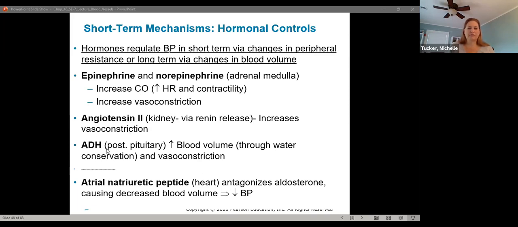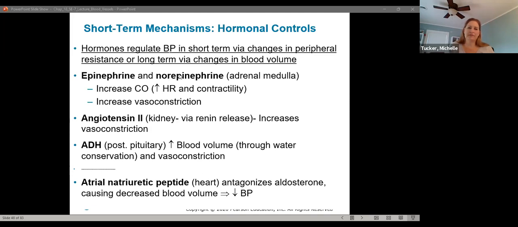ADH, which is made in the hypothalamus, secreted by the posterior pituitary. You guys are having flashbacks to when we enter the endocrine system. It is going to increase blood volume through water reabsorption in those kidney tubules, and also in very high levels will cause vasoconstriction. These top 3, angiotensin II, which we will go into much greater detail, these all increase blood pressure.